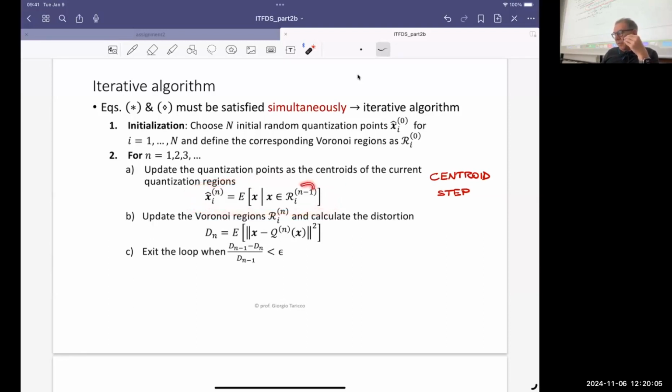You see that we have n minus 1 here, and therefore we calculate the centroids of the previous Voronoi regions, and this is the centroid step.